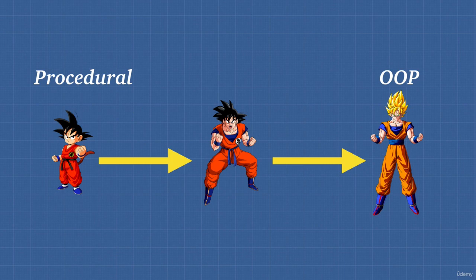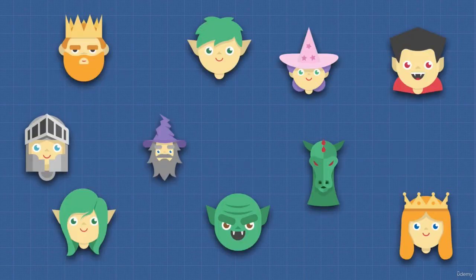Now, we need a good example for this. So what should we do? I have an idea. How about we create a game, or start to create a game where, let's say, it's a fairy tale game with all these characters that interact, play with each other. Maybe they fight one another or communicate with one another.